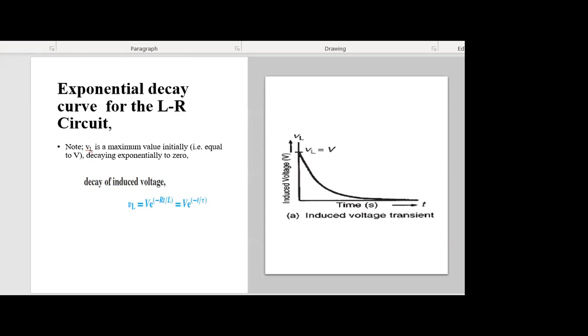So we can look at the equations of the curves.